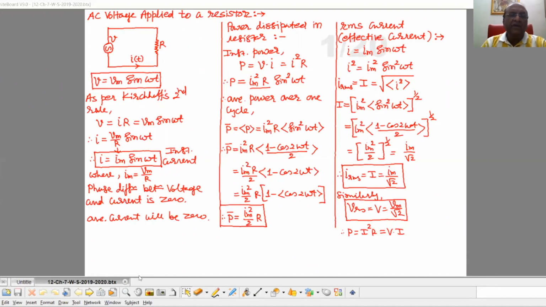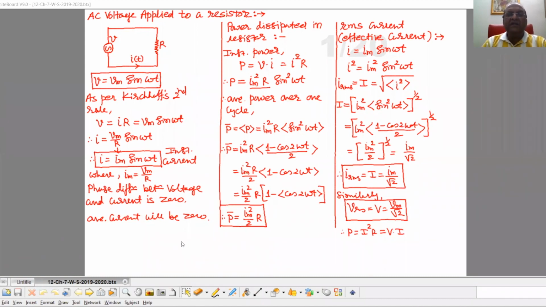Here, the average current in the circuit is 0. It doesn't mean that the power dissipated is 0. Power is I square R, so power depends on the square of the current, and it will not be 0.